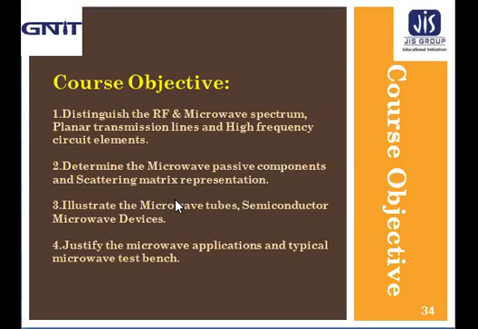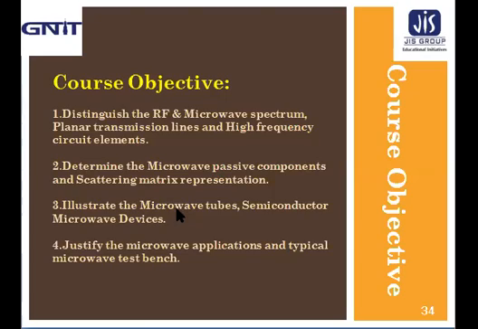There are some course objectives. Now, what are the course objectives of this subject? First one is to distinguish the RF and microwave spectrum, planar transmission lines, and high frequency circuit elements. Second one is to determine the microwave passive components and scattering matrix representation.